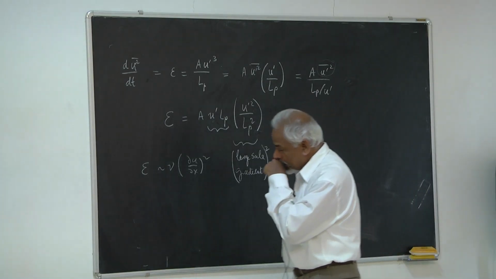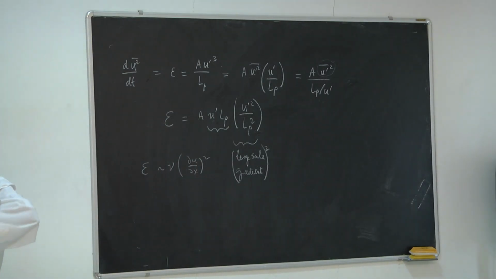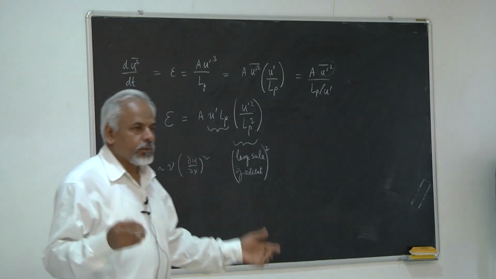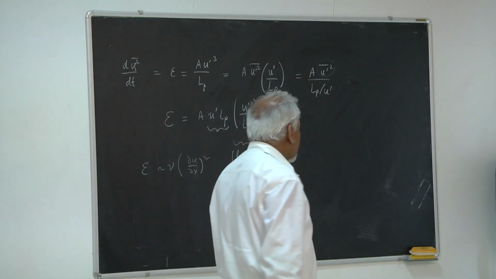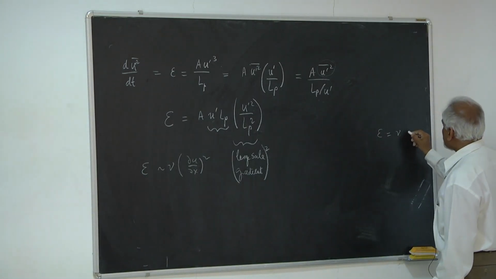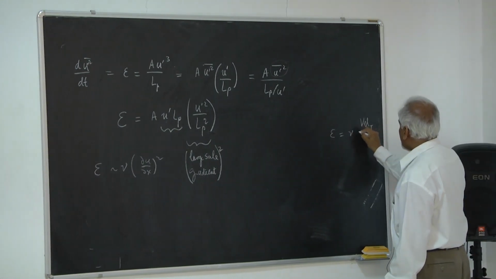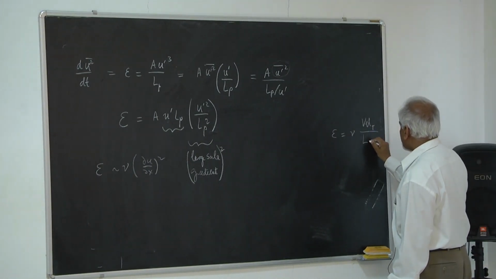In other words, if you want to know how much energy a tornado, for instance, dissipates, tornado having a length scale and a velocity scale, you are not going to be able to compute it by saying, well, energy dissipation is nu times the velocity of the tornado divided by the length scale of tornado.